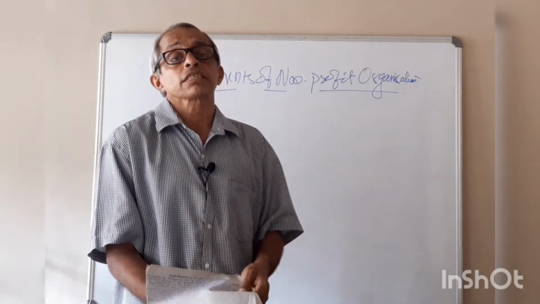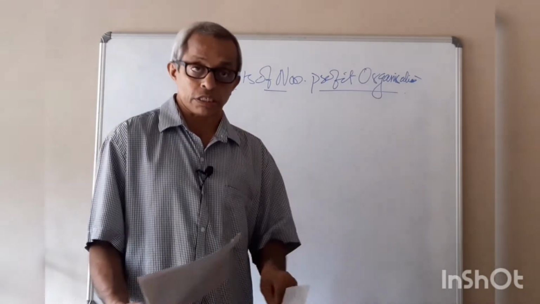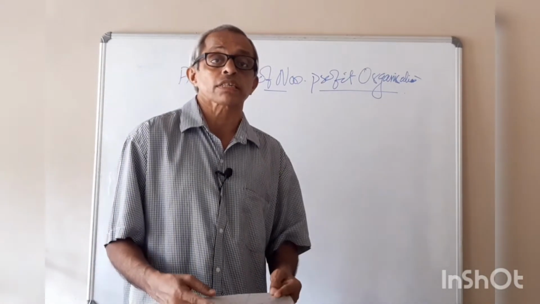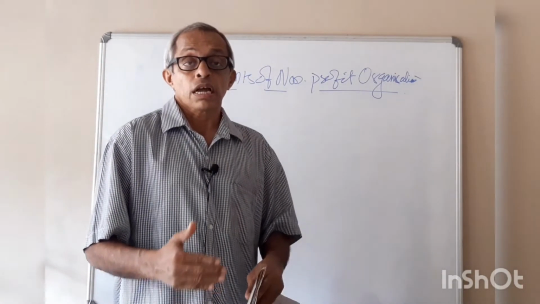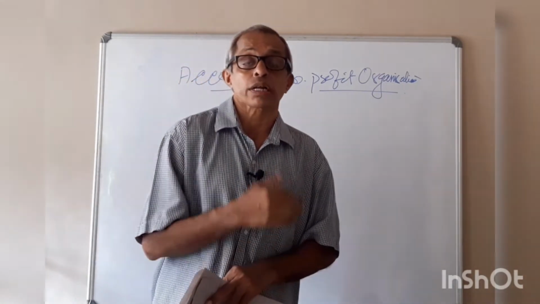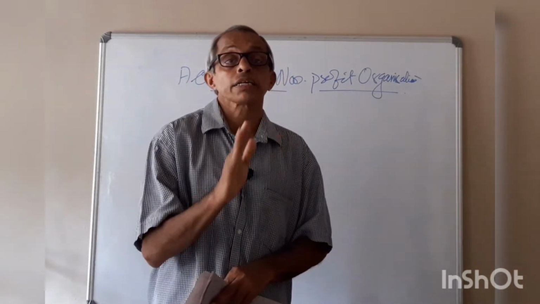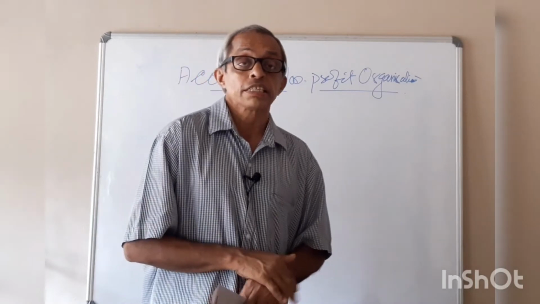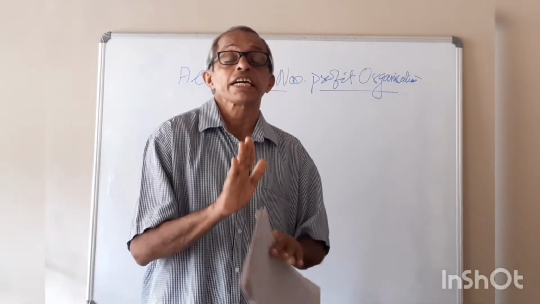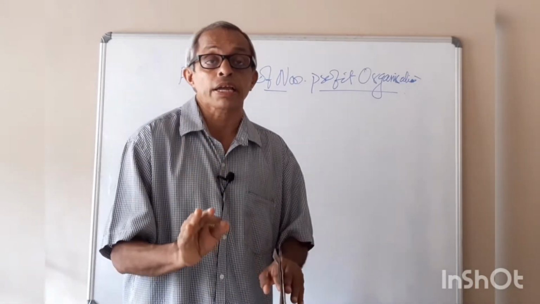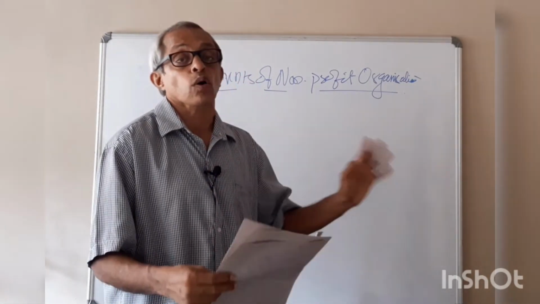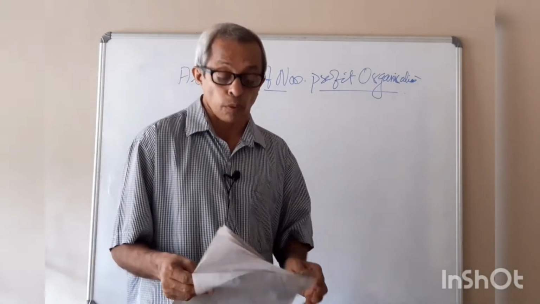And next is the transactions of such an organization. All the transactions of such an organization are in cash. That means there will not be any credit transaction by these non-trading organizations or non-profit organizations.